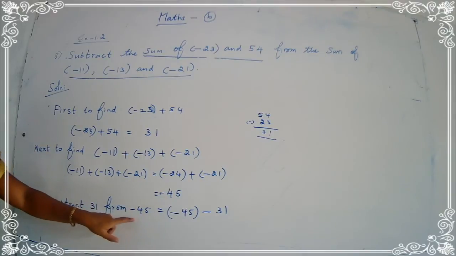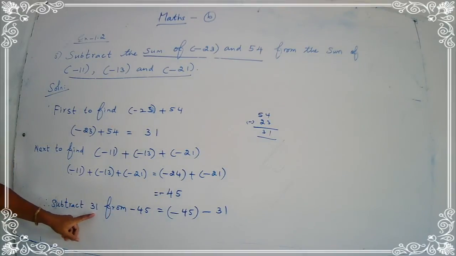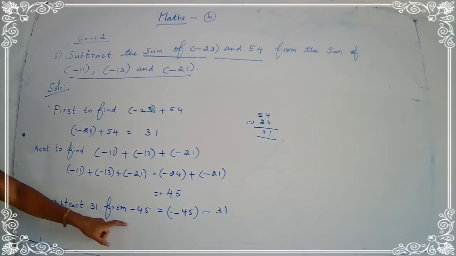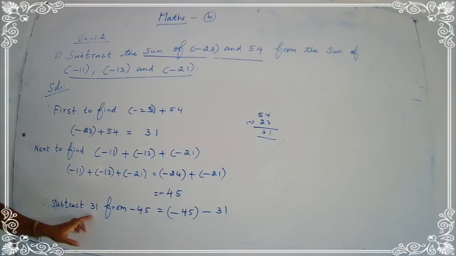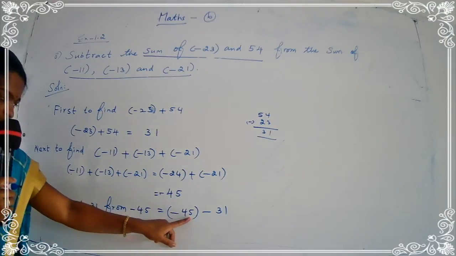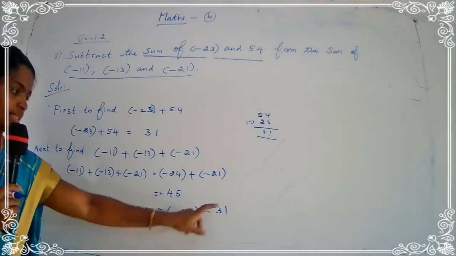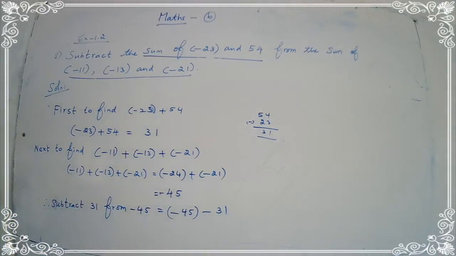Subtract 31 from minus 45. From minus 45, you have to subtract 31. Okay, that's why minus 45 minus 31. Okay children? Yes. Now say the answer. Here which operation is there?